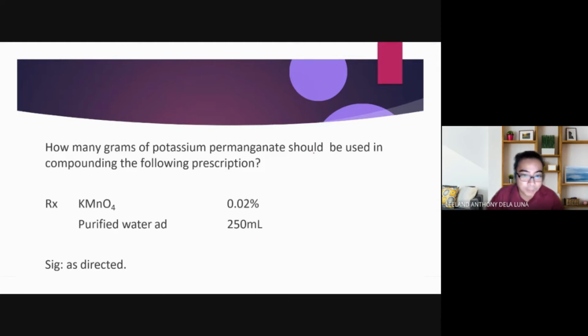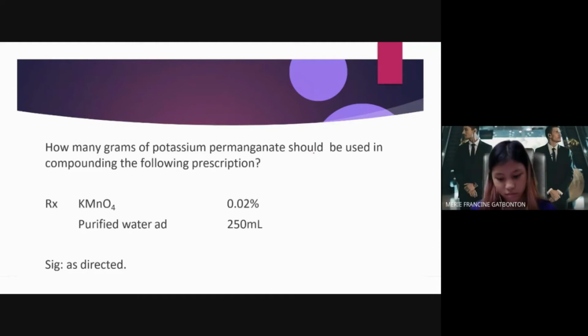Okay? Then add purified water to make 250 ml. Now, ang question dito, class, is how much potassium permanganate should I be using? Ang sabi lang sa order is, ang kailangan kong solution should contain 0.02%. Okay? 0.02%. Right?